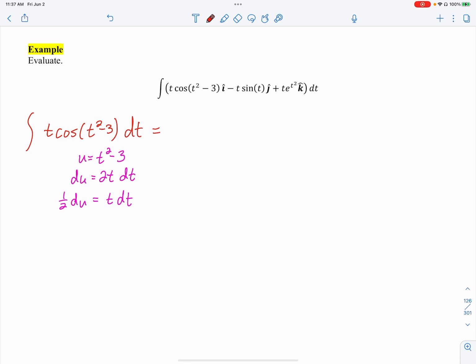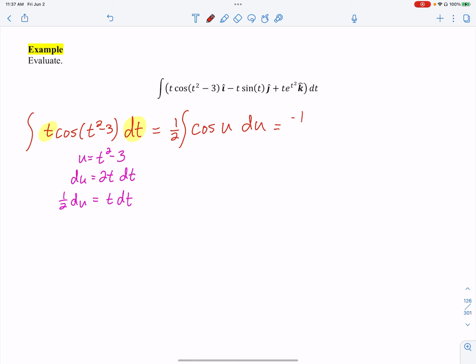Okay, so let's do our replacements. This and this is going to get replaced with 1/2 du. So I'm going to have 1/2 the integral of cosine u du. Everything got replaced. Everything is in terms of u now.